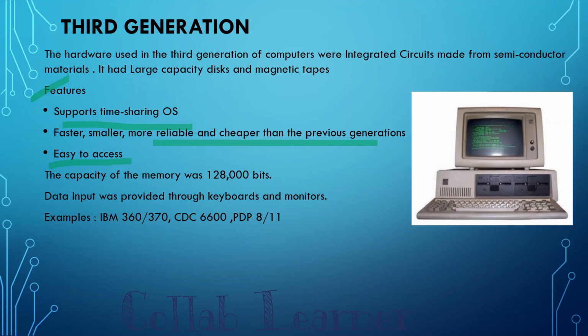It became like 128 kilobytes. After that, input was for the first time introduced through keyboard and monitor. This was initially not there in any of the earlier generations. Some examples of this are IBM 360 and 370, CDC 6600, then PDP 8 and 11.